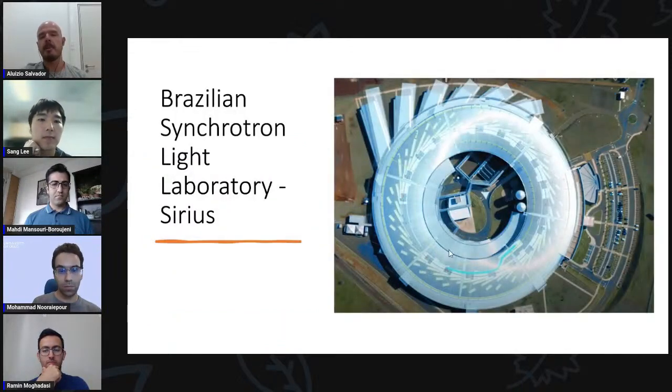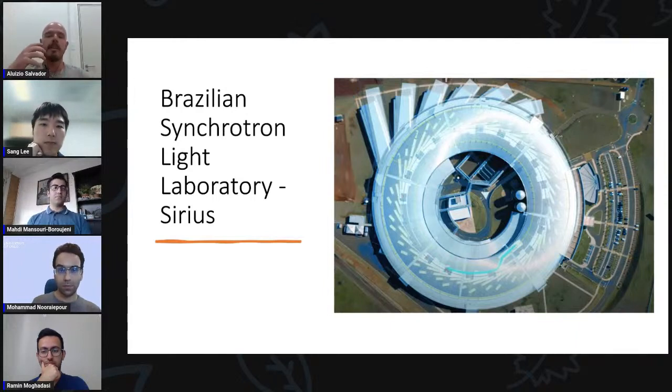This in the picture is the Brazilian Synchrotron Light Laboratory, called Sirius. Here we have the parking place, where it's possible to get an idea of the size of Sirius compared to the cars. In a synchrotron light source, electrons are inside a ring. Here in Sirius, the ring has 500 meters of circumference.